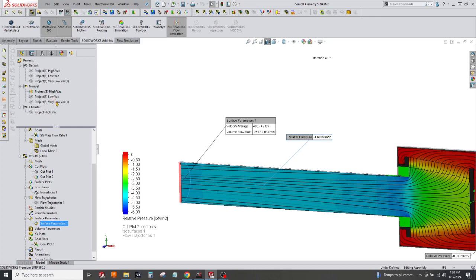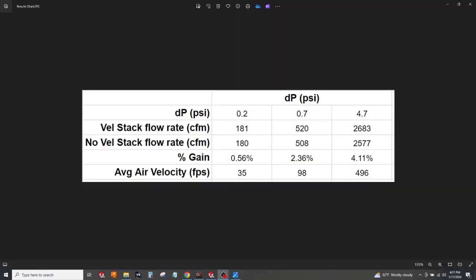And then let's look at a very low vacuum, so something maybe like if you're just driving down the road. Not such an extreme scenario to see what this velocity stack is doing for more of that everyday condition. So let me go ahead and take care of that, and I'll get back to you.